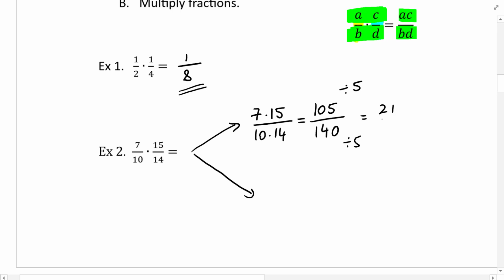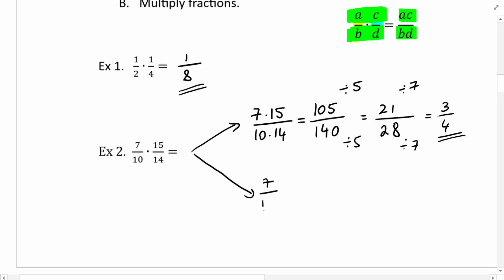So we get 21 over 28, and both of them can be divided by 7, and we get 3 over 4, final answer. Or I could have divided 105 and 140 by 35 right away.